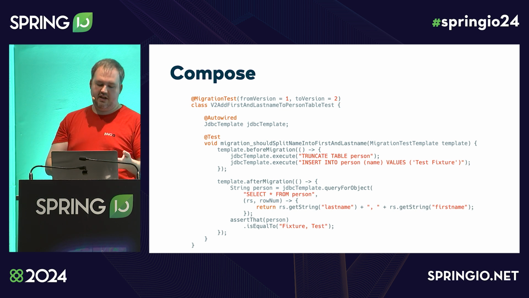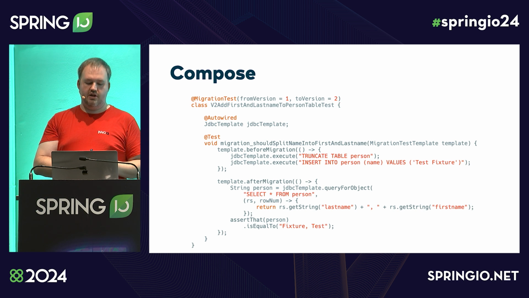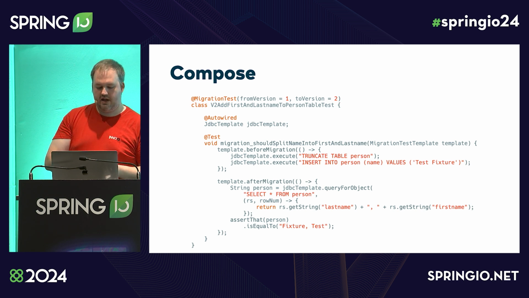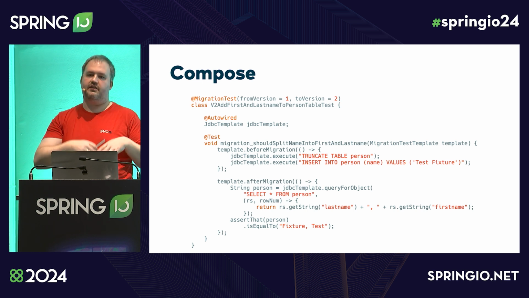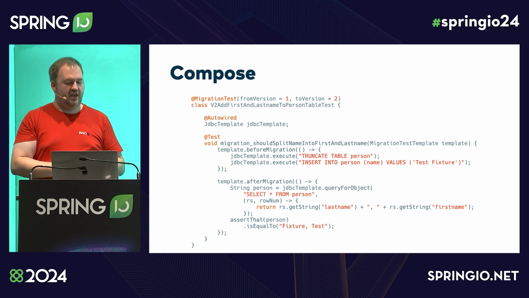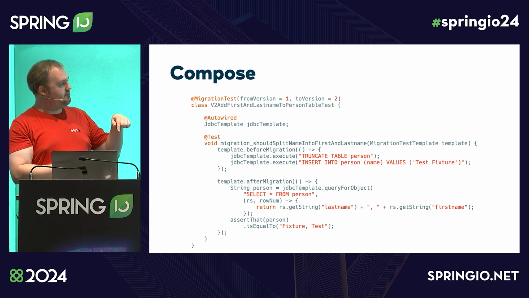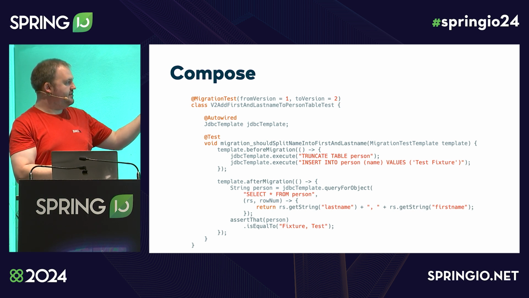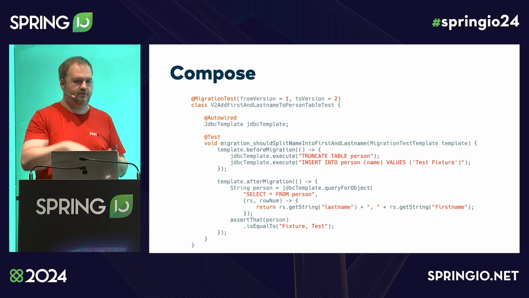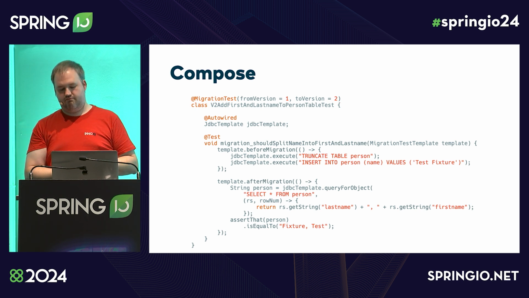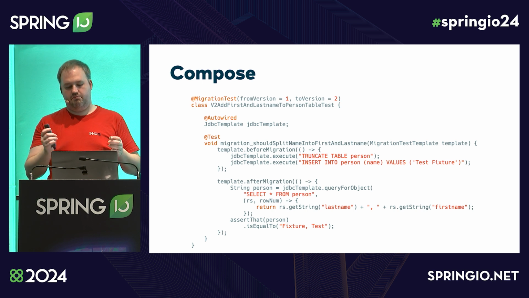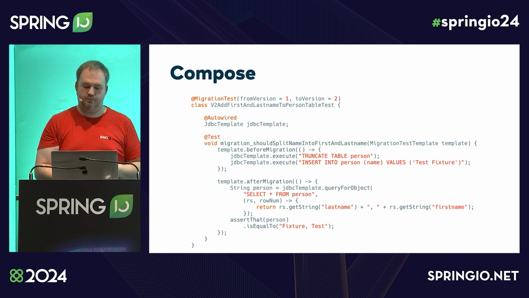And in the template after the migration to 2, we want to assert that this has worked by selecting from the table and then seeing that the data that comes out is correct. And to be honest, when I put that on the slide, this before migration, after migration with callbacks thing may not be the best API I've come up with, but it was there at the time.